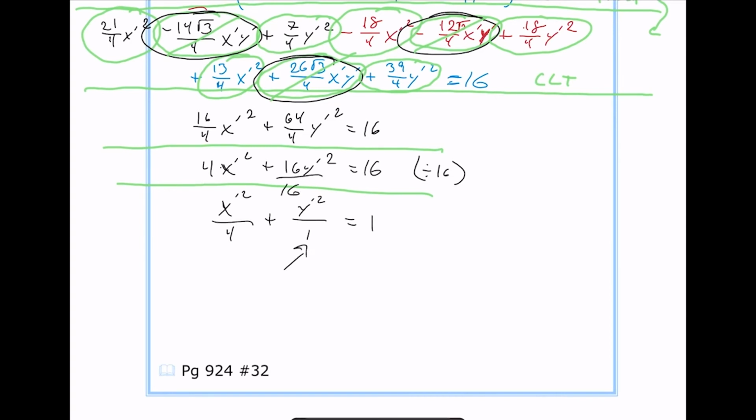Hey, we did it. This is the equation on our rotated coordinate system because it's in terms of x prime, y prime. What kind of a conic section is this? With an addition sign between our two fractions, and both of these terms being squared, I'm pretty sure that we're looking at an ellipse.